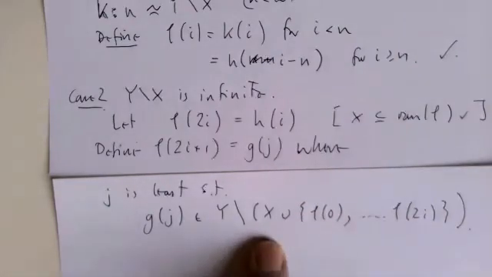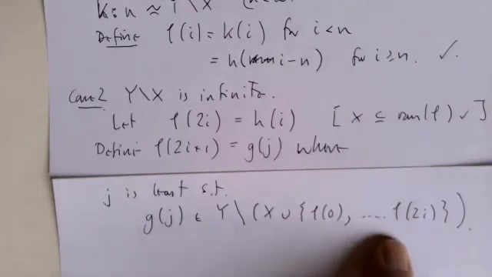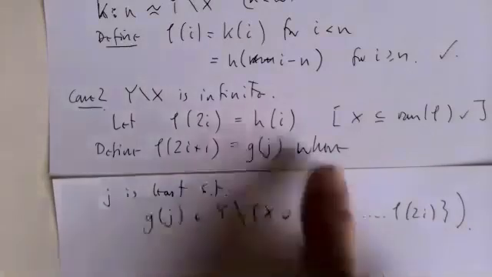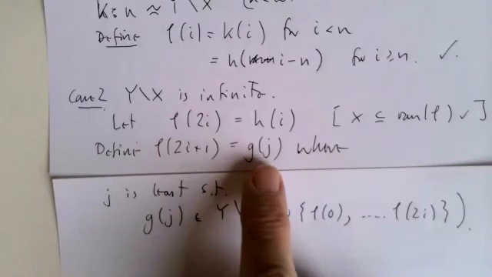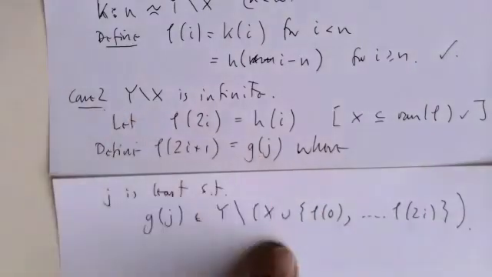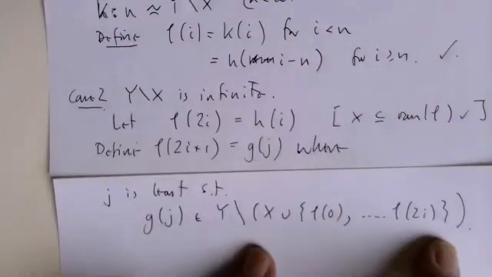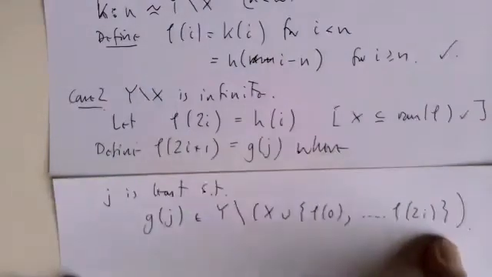So we just keep enumerating using the L function things that are in X on the evens, and then on the odds we just pick out a new element of Y that we didn't enumerate already so far. That's the idea, right?